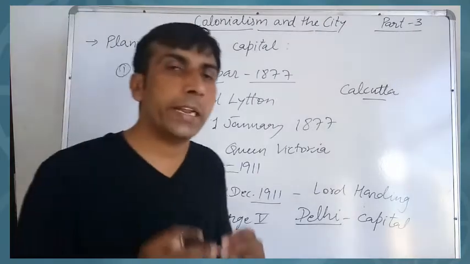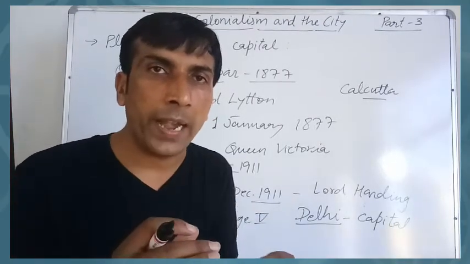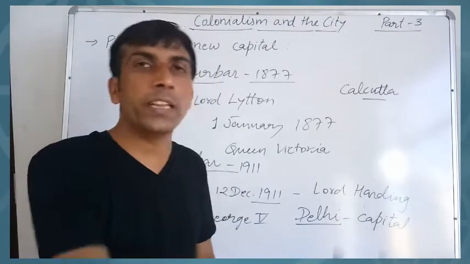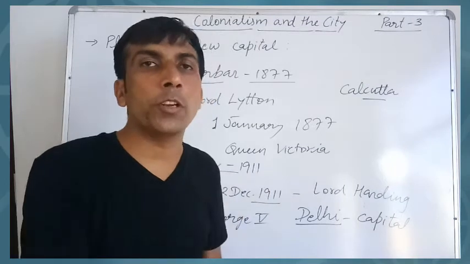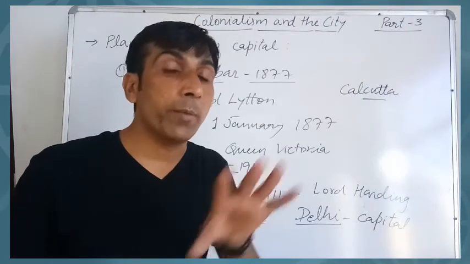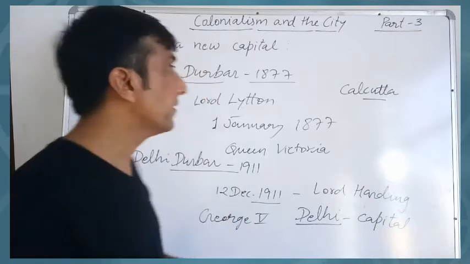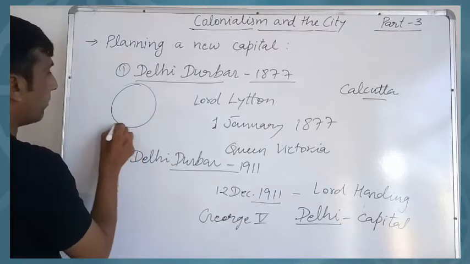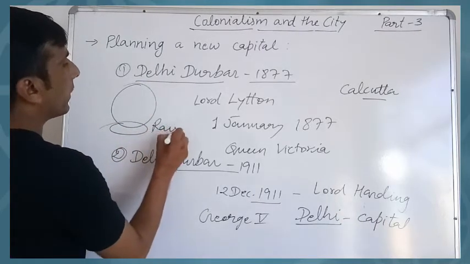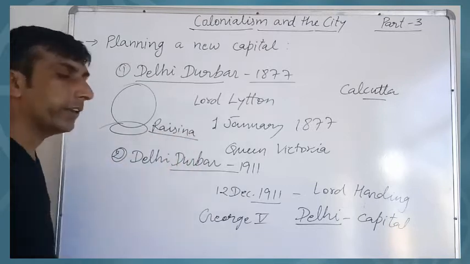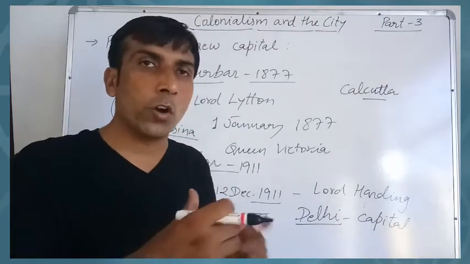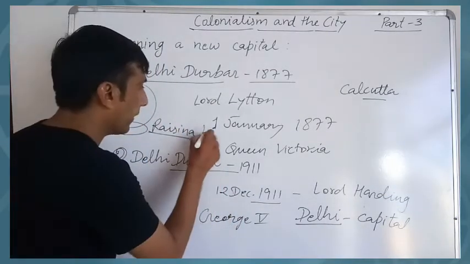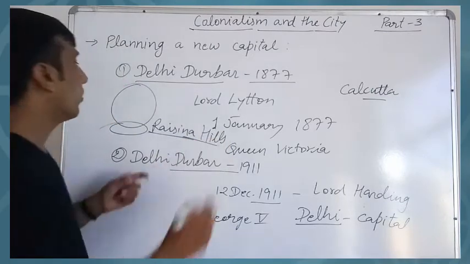After that, Delhi was announced as the capital, and a new city was also announced to be started, with new buildings to be made. This kind of policy was framed by the British. For this purpose, in the southern part of the existing city, Raisina Hill, the new city, New Delhi, was to be built on Raisina Hills.